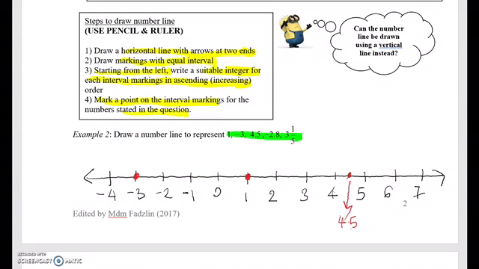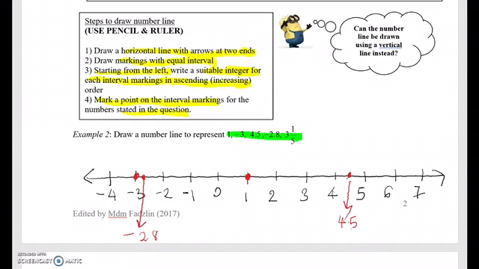Next, negative 2.8. Negative 2.8 appears in between negative 2 and negative 3, but it is closer to negative 3. So I will mark a point here, draw an arrow and indicate the number required.